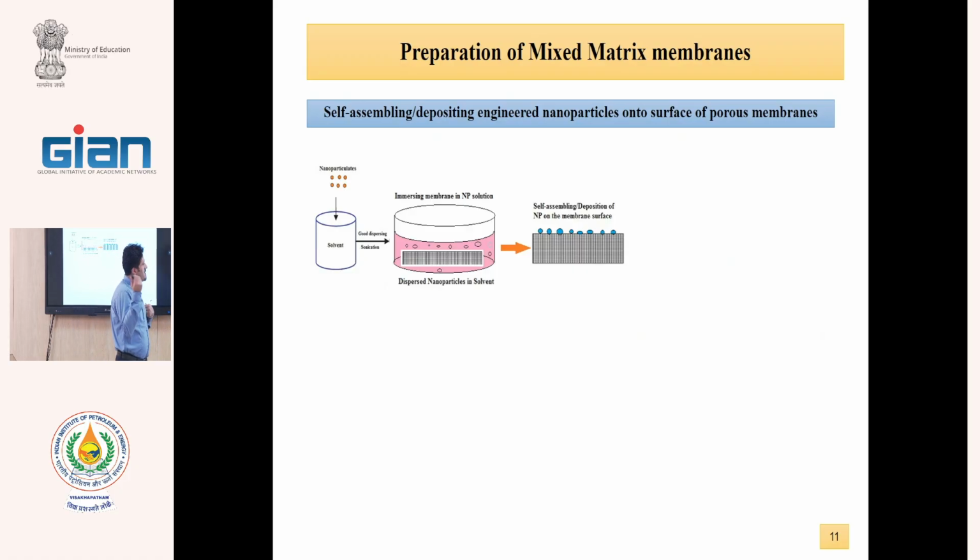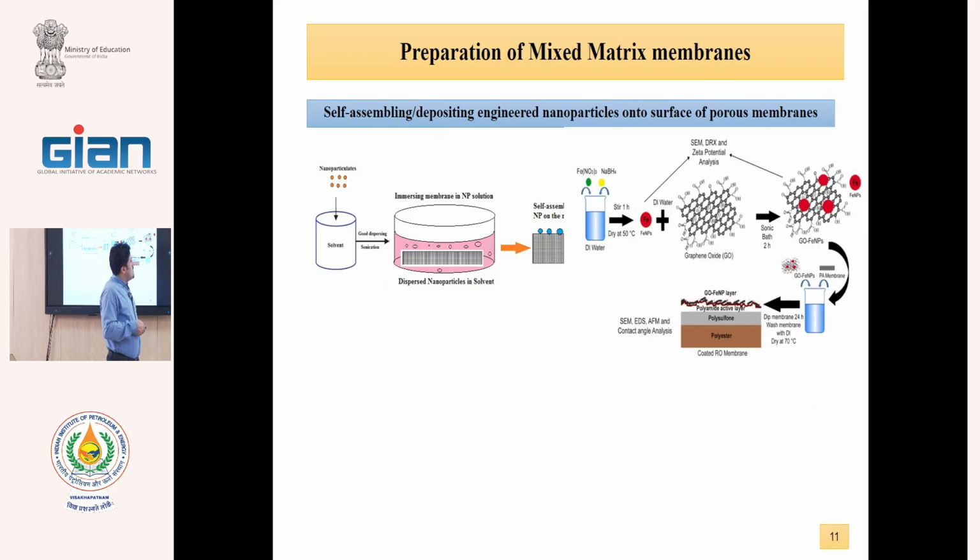This method is very good, but in atomic layer deposition and other sputtering techniques, we need a very expensive device. This is an example of this method that showed coating of graphene oxide and iron nanoparticles on the surface of RO membranes.